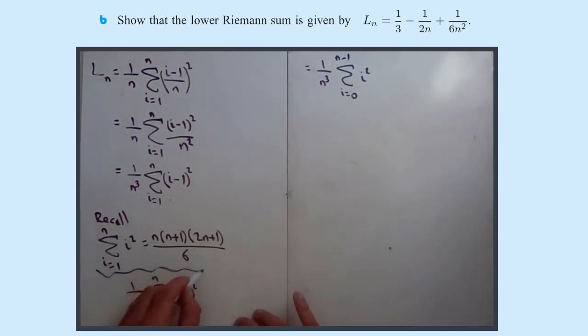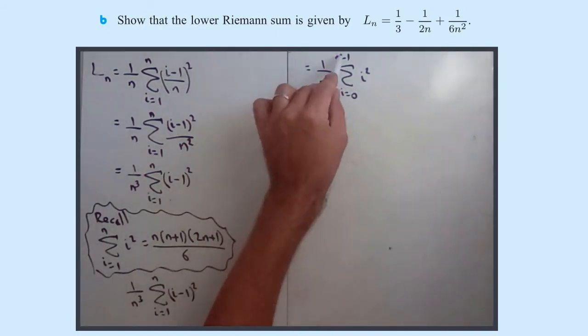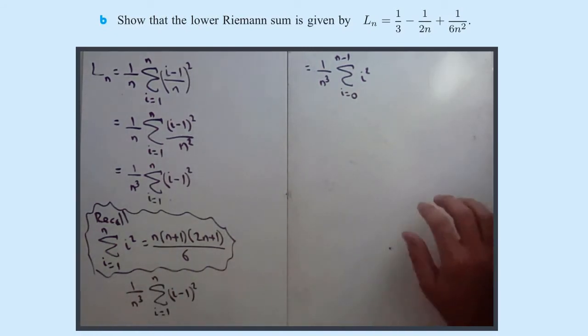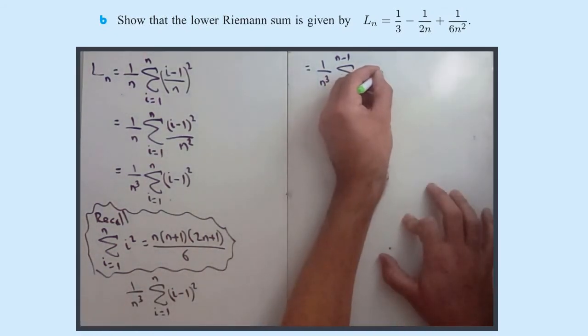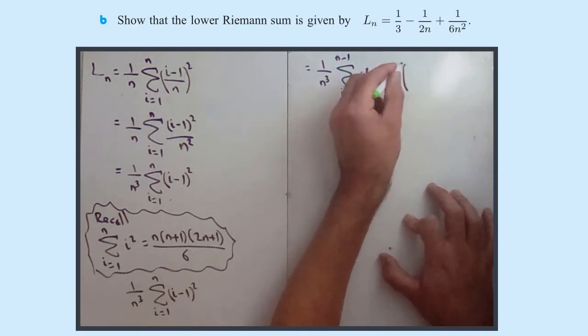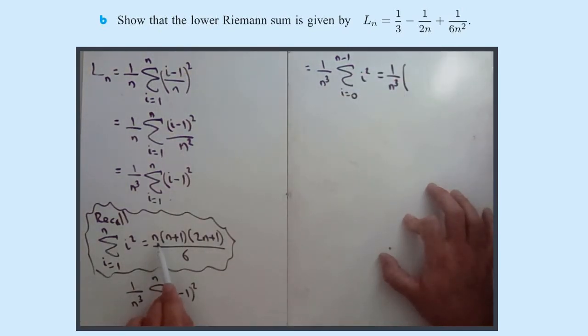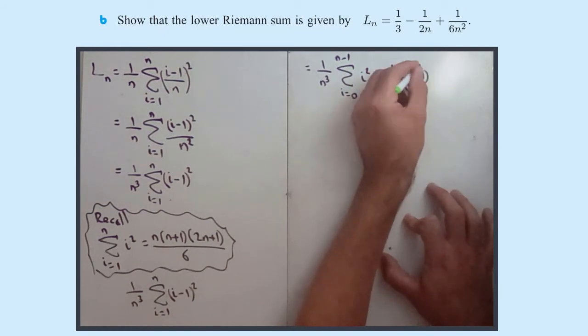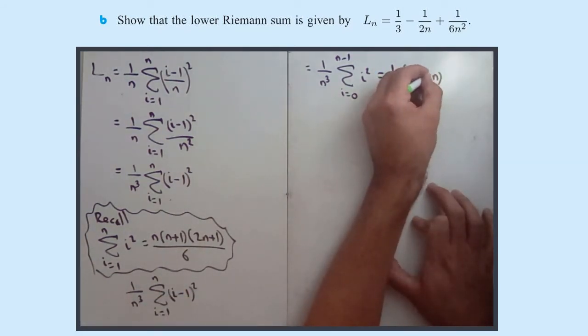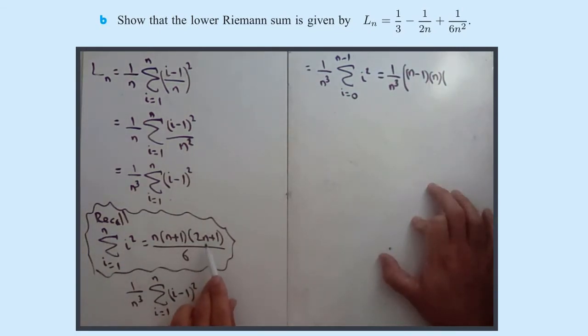Okay, so now, using this result, we can just plug in the values, except at the top, instead of an n, we have an n minus 1. So wherever there was an n before, we just have to replace it with an n minus 1, and you may need to use a bracket. So this now becomes 1 over n cubed, that hasn't moved, times n, which is (n minus 1), definitely need a bracket there, times n plus 1, which is n minus 1 plus 1, which is just n, times 2n plus 1.